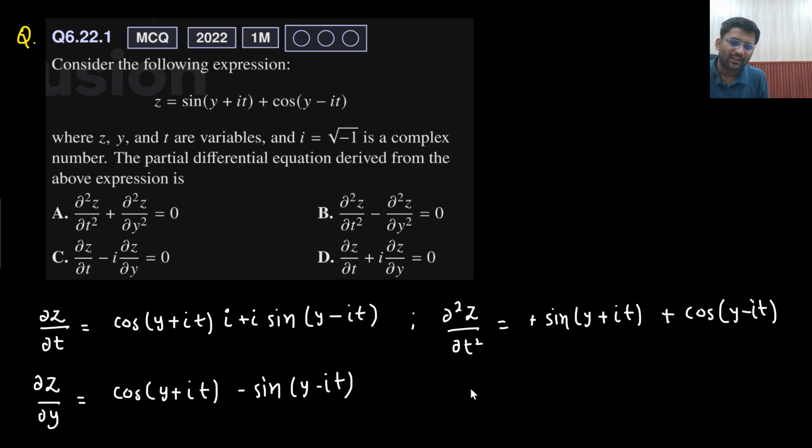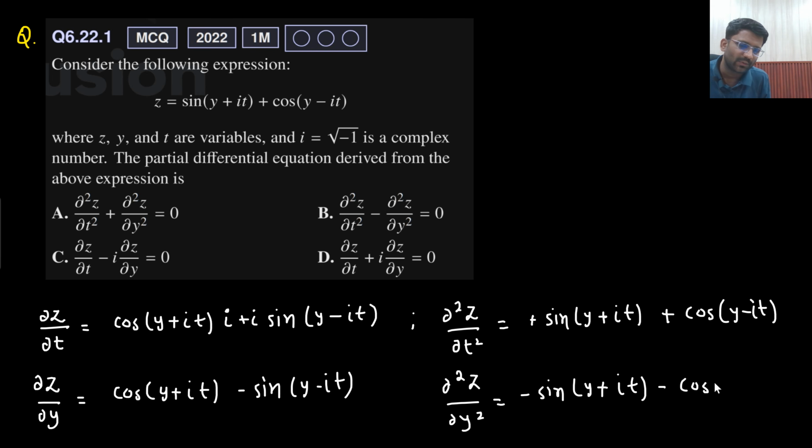And then, sir, partial differentiation of z with respect to y. What answer will you get? The differentiation of cosinusoid will be minus sinusoid, and the differentiation of sinusoid will be plus cosinusoid. So these are the partial differentiations we are getting. Now you can see that, sir, if we add both of them, let's call this equation 1 and this equation 2.